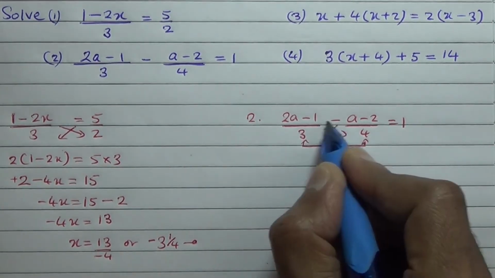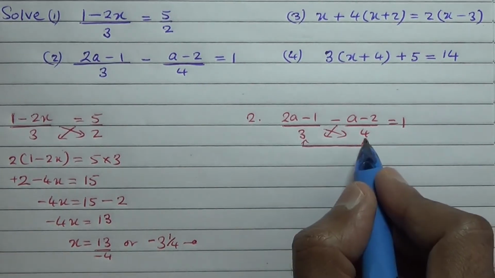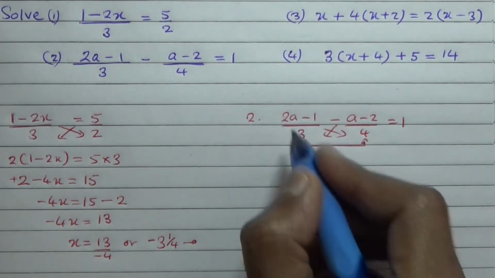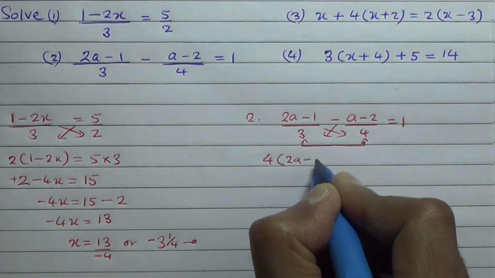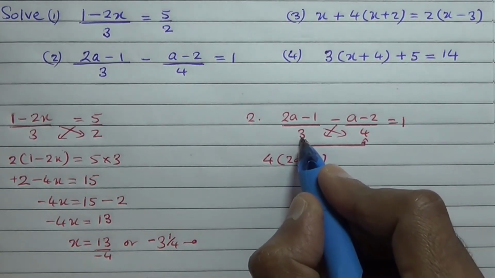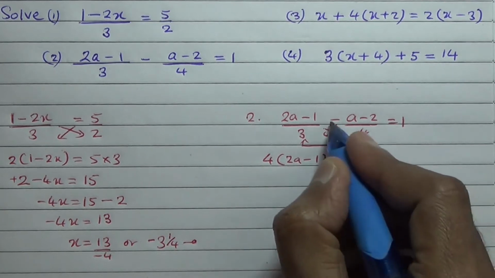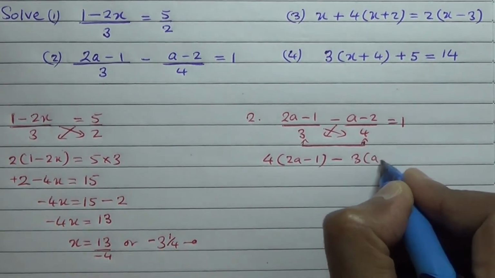You got a minus sign in between here, so that's why you multiply all plus for that matter. 4 times this, so you're going to bracket the numerator, so you're going to get 4 times 2a minus 1, then 3 times the numerator, a minus 2, and I got a minus here, so you put the minus, so 3 times this is 3 times a minus 2.